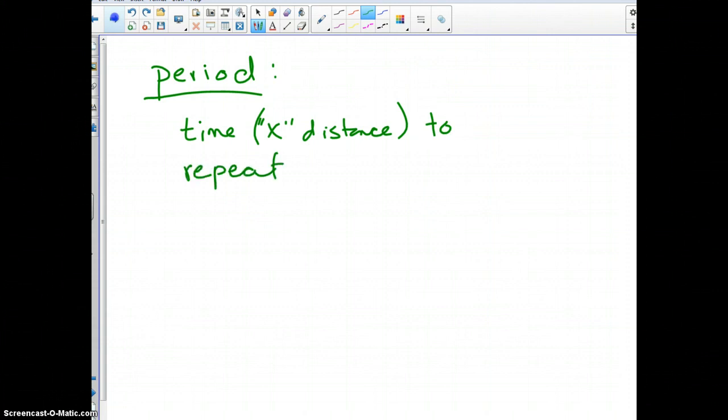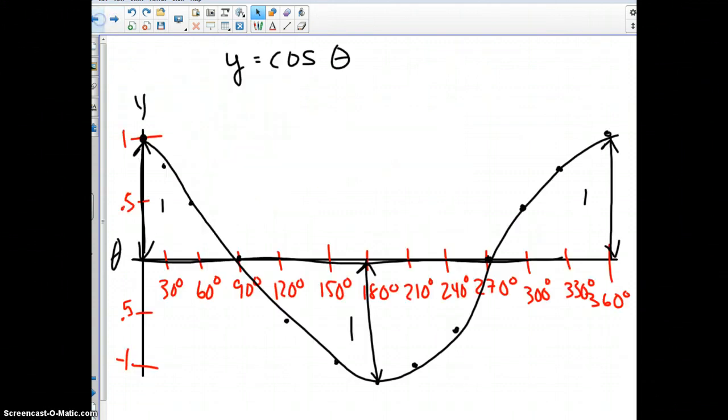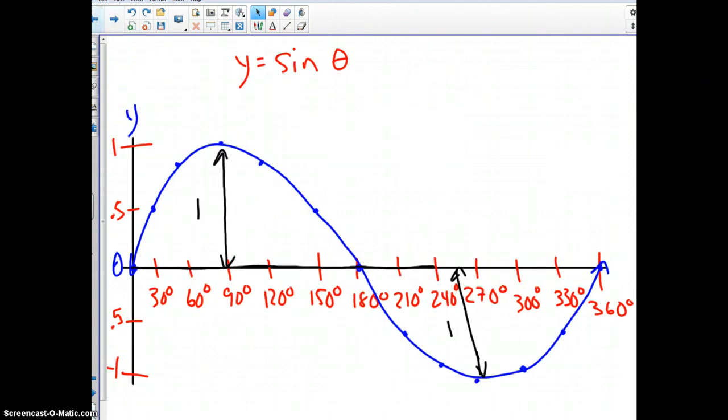So if you do this, you will see that we go back to the sine function. Well, if we start at 0 here, it goes all the way up to 1, goes down to 0, but it hasn't actually repeated yet. It actually keeps going down and then back up again. It hasn't actually totally repeated.